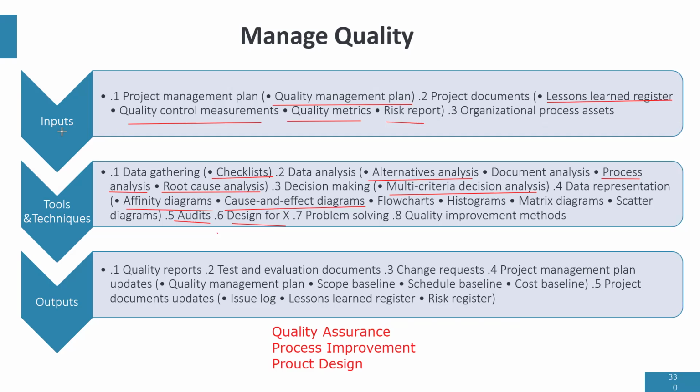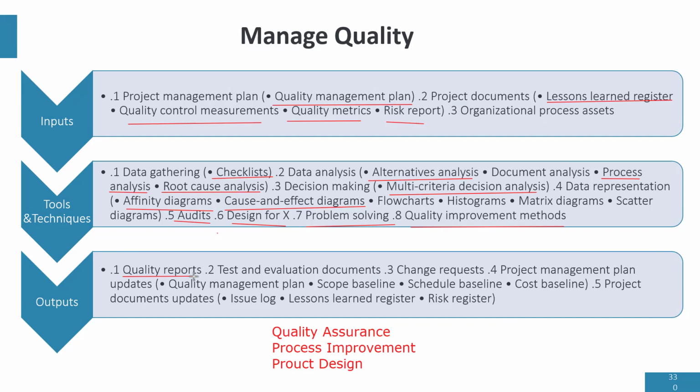So we can use problem-solving techniques and we can use quality improvement methods, like Plan, Do, Check, Act and Six Sigma, to start a project on how to improve quality in a system. At the end of the day, what we have is a quality report.